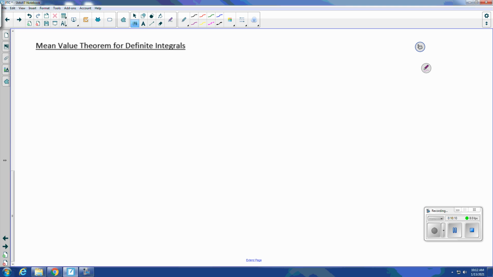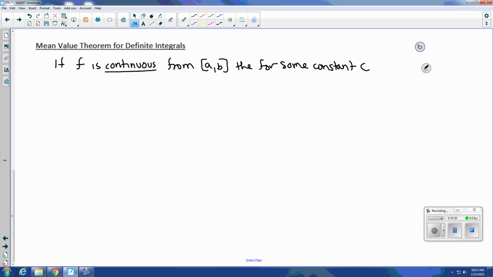The mean value theorem for definite integrals says that if f is continuous, so the continuity part is super important, so I'll underline it, from a to b, then for some constant c, where c is between a and b, there has to exist some output for the function that is equal to the average value of the function on that interval.